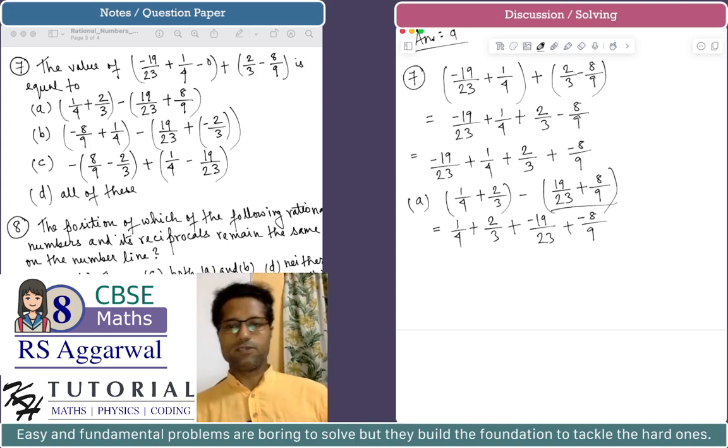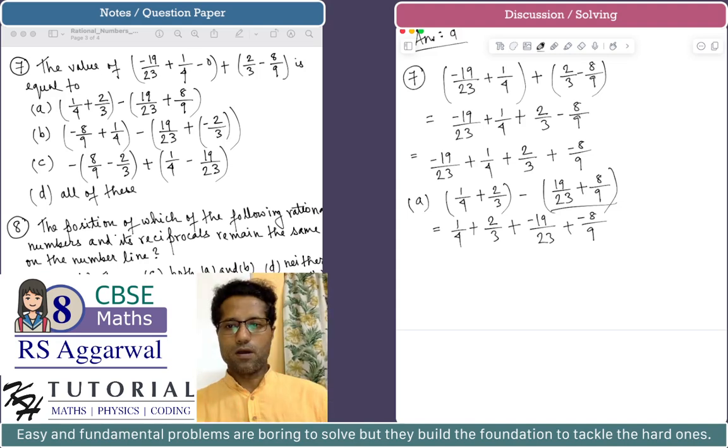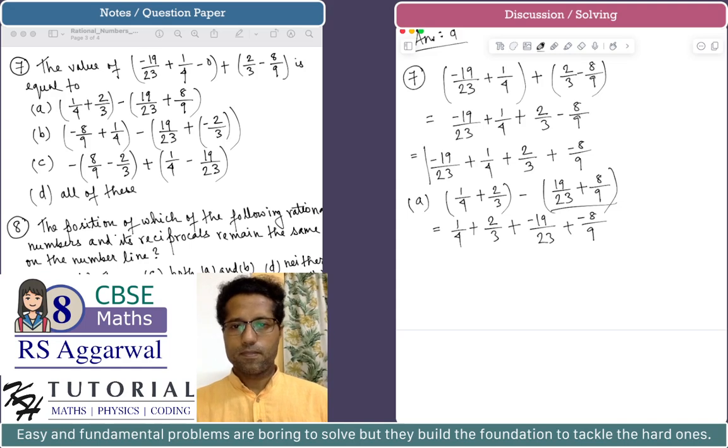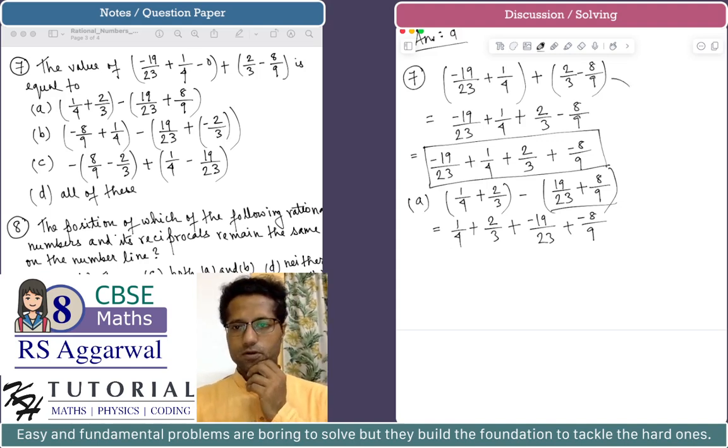Now you see choice A, the addition of four rational numbers, is the same as what we got from the given expression. If you open the brackets of choice A, we get this, which is clearly equal to what we got.